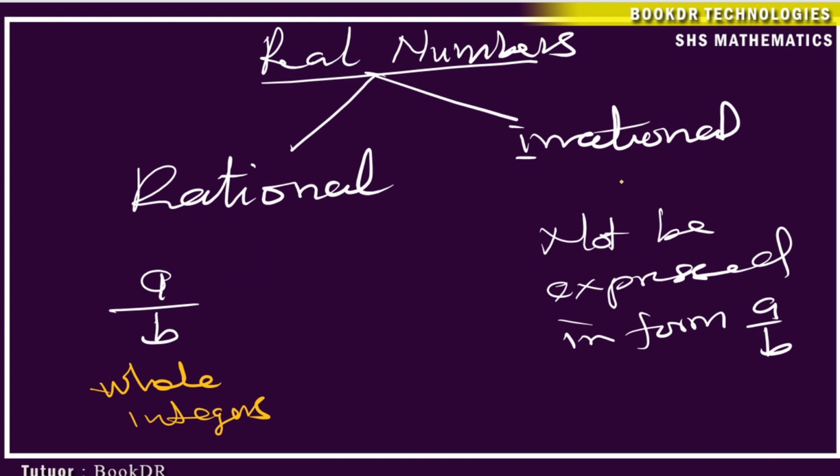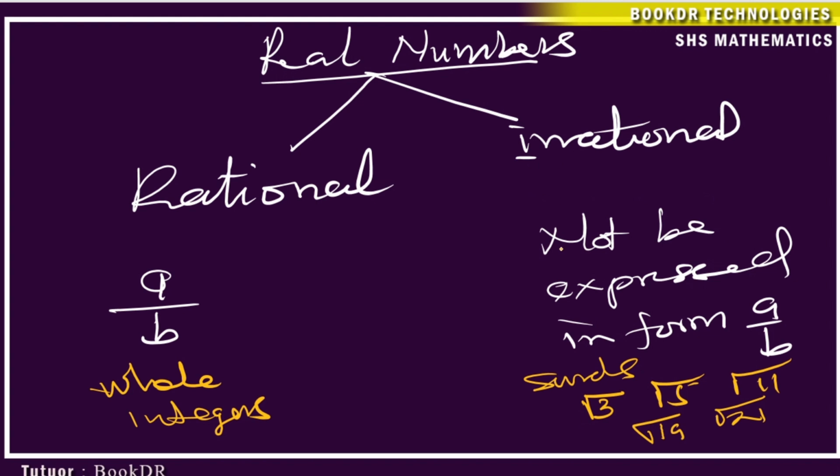When we come to the irrational numbers, we have the set that includes something like the square root of 3. That's the square root of a non-perfect square. The square root of 5. The square root of 11. The square root of, let's say, 19. The square root of 21, and so on. All these numbers are irrational.